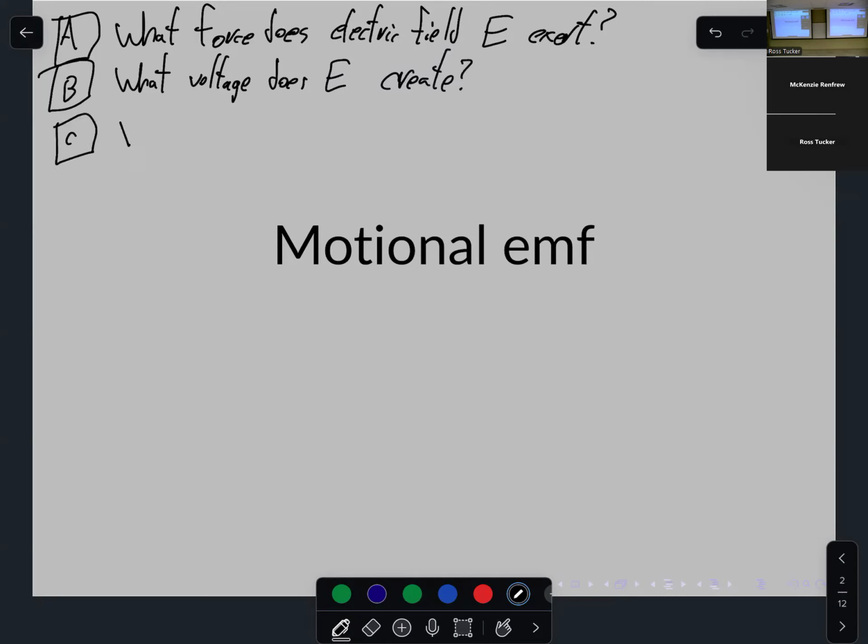C, what, that is a W that I should not write that. What force does magnetic field exert?